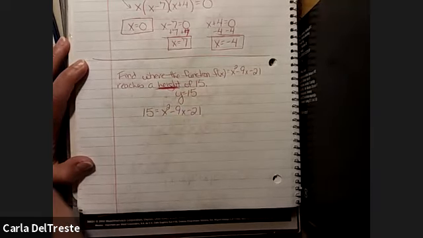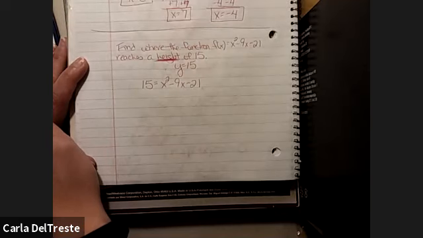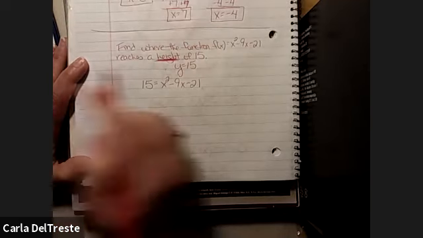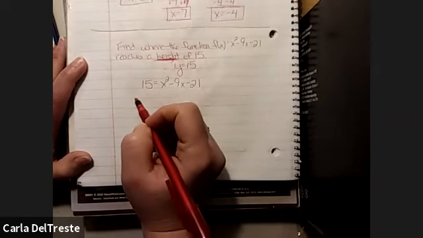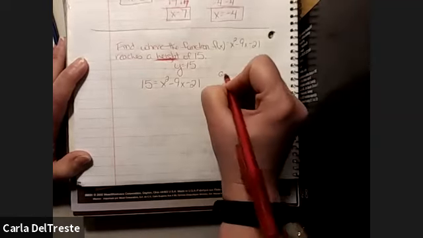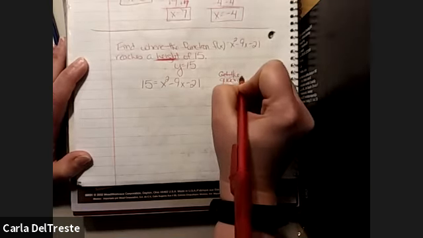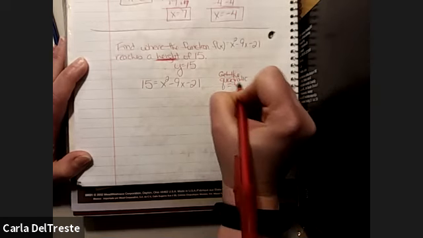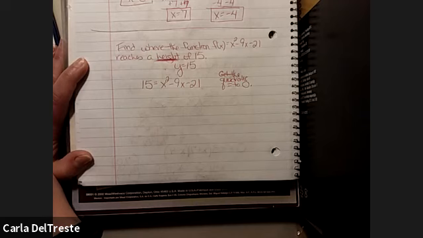I have a problem here. This is not going to be the zero product property unless this equals 0. Right now, this doesn't equal 0. So I first have to get the quadratic equal to 0. That's the only way that I know how to solve using the zero product property.